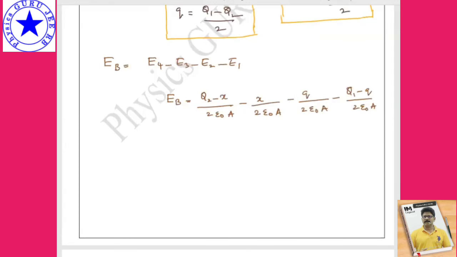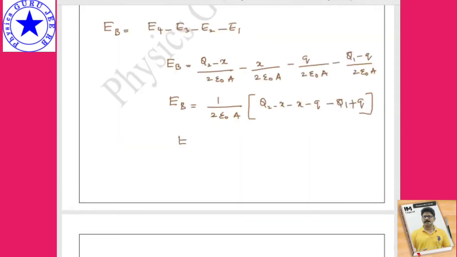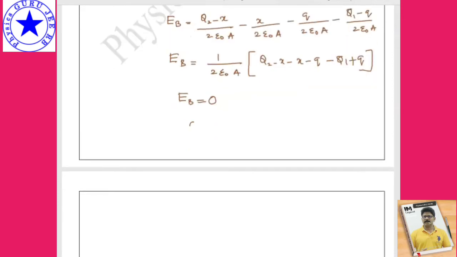Now if I take EB equals to, I can take common here 1 by 2 epsilon naught into A. If I take common, then I can write Q2 minus x minus q here minus (Q1 minus of minus, this is plus q). So EB inside the surface equal to 0, or simply I can write Q2 minus x minus x, here it is minus 2x.